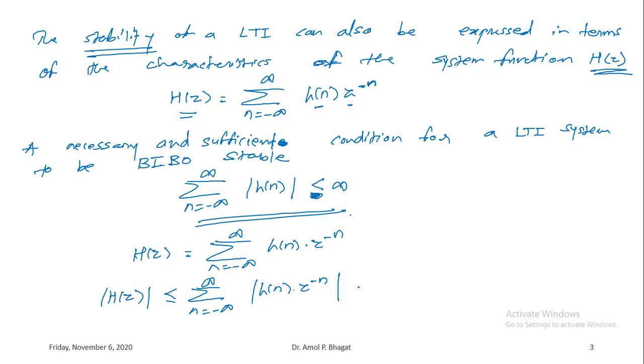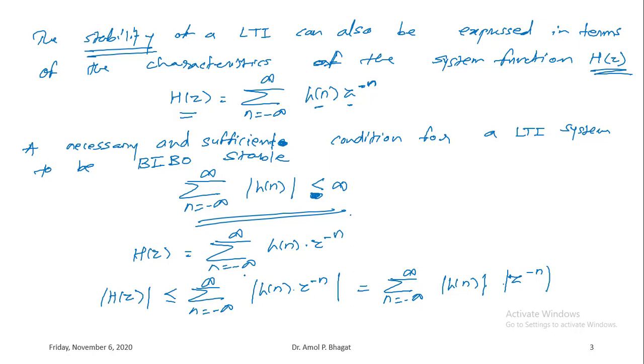So this can also be expressed as the summation over n from minus infinity to infinity of the magnitude of h(n) multiplied by the magnitude of z^(-n), right? So H(z) will be less than or equal to this particular summation.